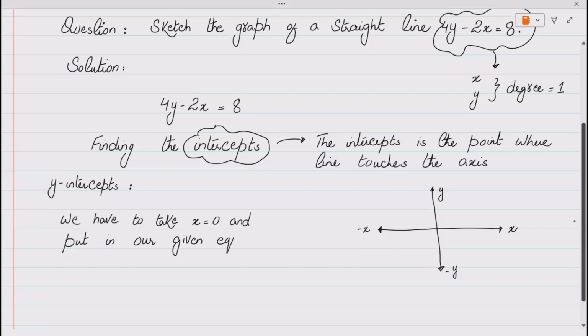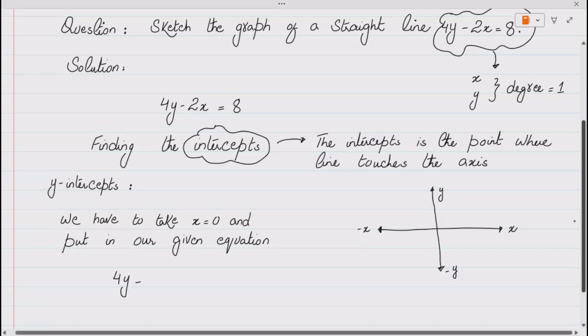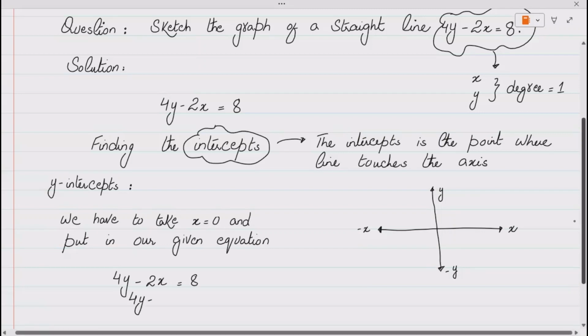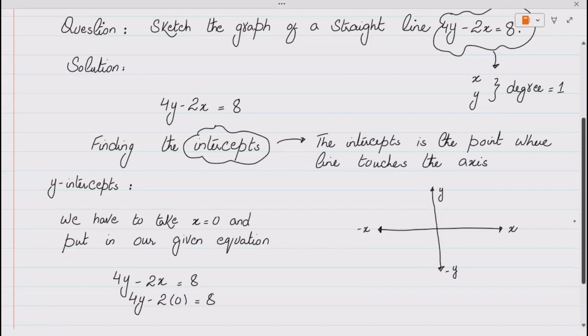Now, when we put x equals 0 in our equation, 4y minus 2x equals 8, it becomes 4y minus 2 into 0 equals 8, which gives us the value of y.